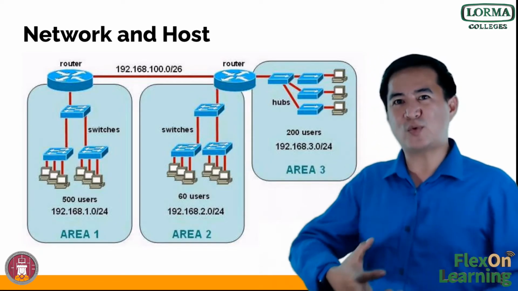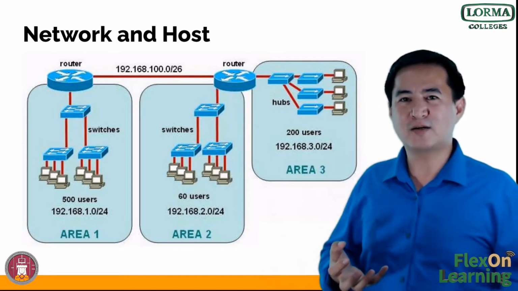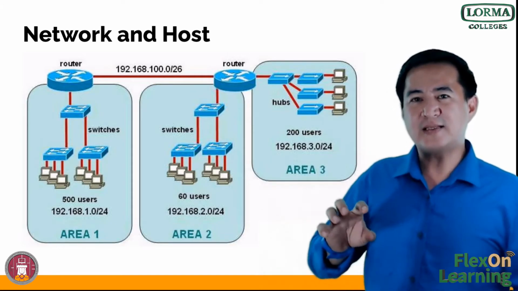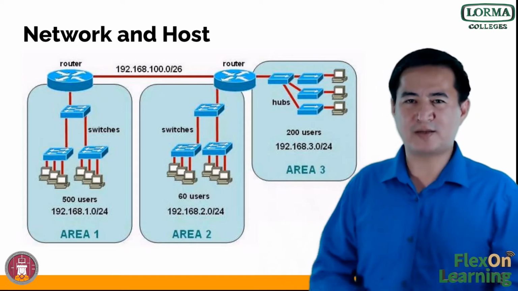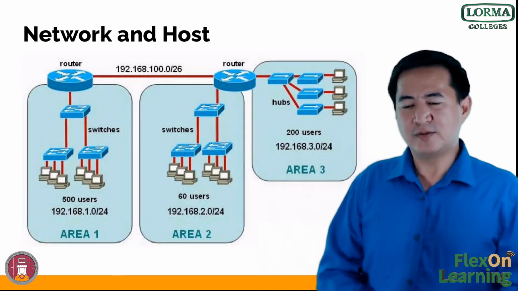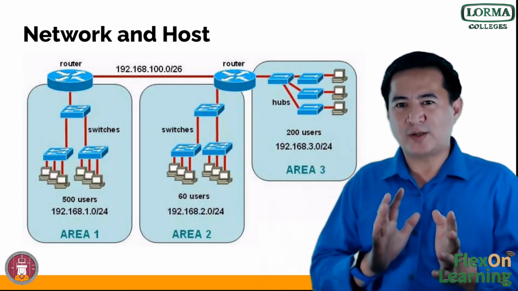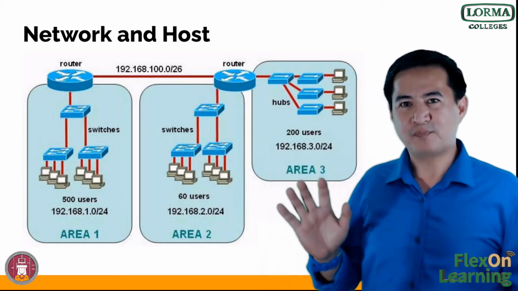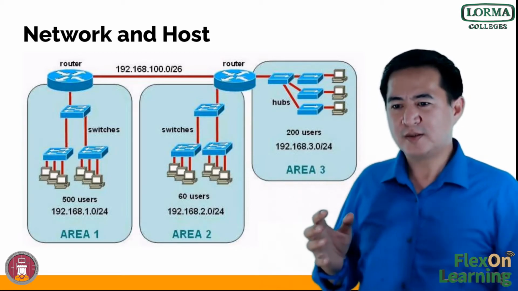Now, a network address is a group ID. It is not used by any computer, but it is one single address that identifies the group or that particular subnetwork. So therefore, in a network, you have groups, which is the network, and you have hosts, the members of the group.